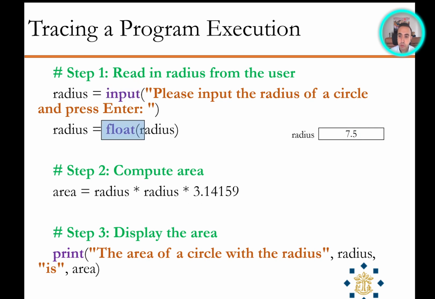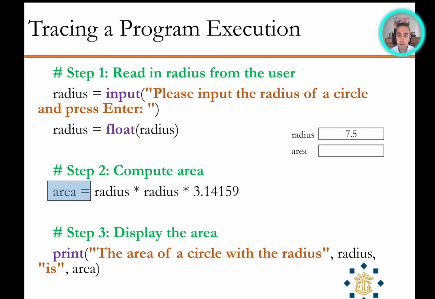And then the 7.5 used to be a text, a string, and then we convert it to a numeric value. And then we calculate the area. Again, area equals, so there is a memory allocation for the area variable that's now empty.